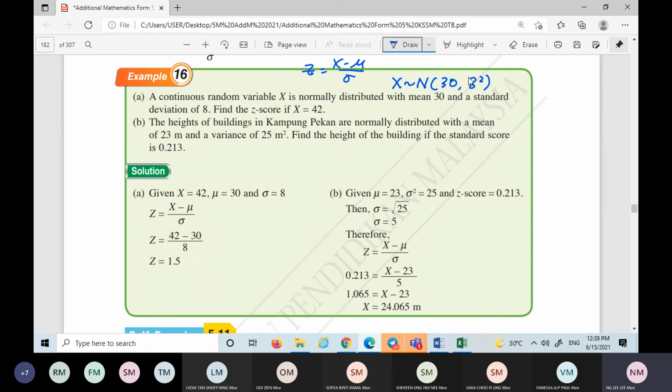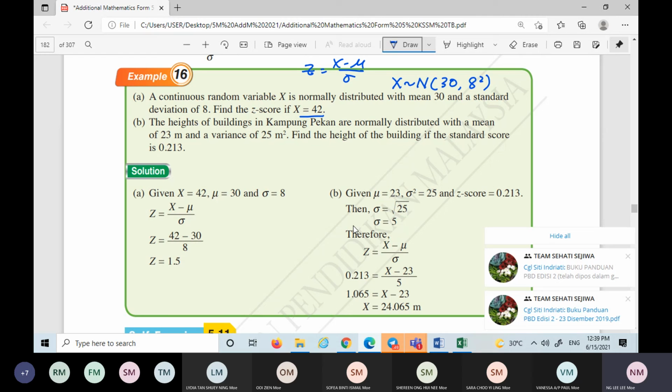When you apply, remember this is 8, don't put 64. So you just use this formula. Find the z score means you find the z. The x is 42, so here is 42 minus the mu, 30, divided by the sigma, 8. Divide by 8, then you get the answer.